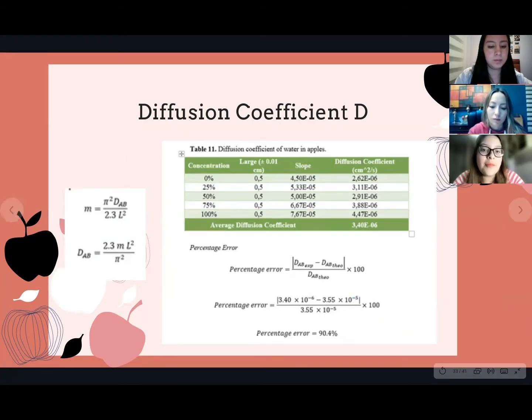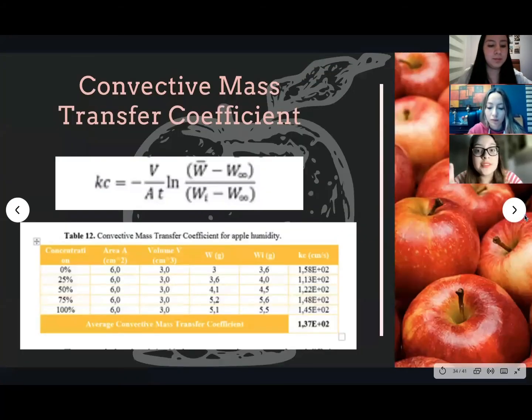This is a very high error, but under the conditions of the experiment it is not as inappropriate as would have been expected. By performing this same experiment in the lab, the results might have been more accurate and precise than modeling at home. By obtaining the convective mass transfer coefficient, it is confirmed that the process is based on convection.